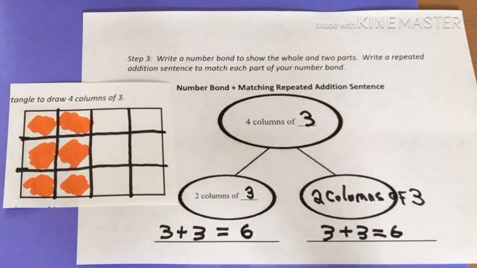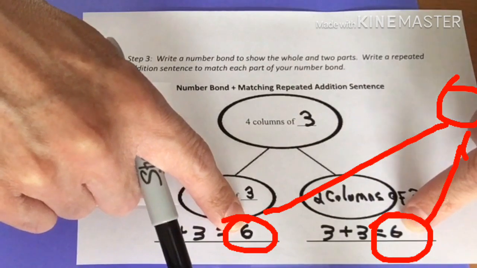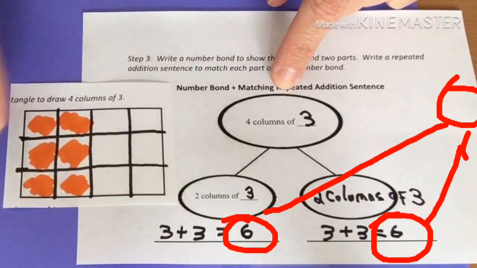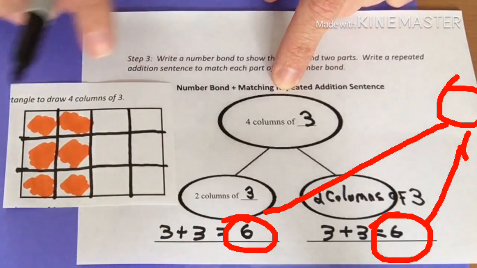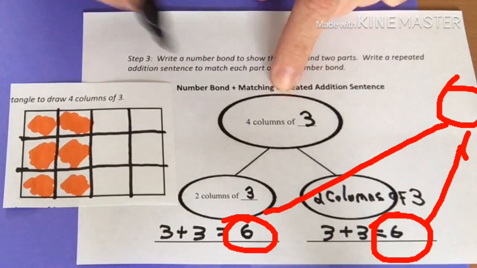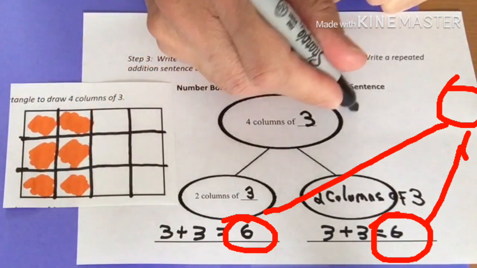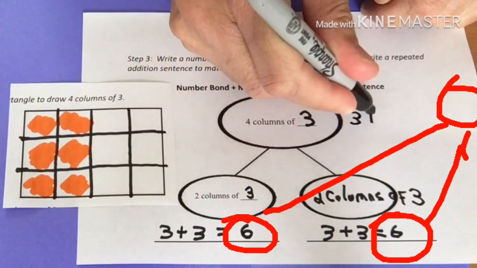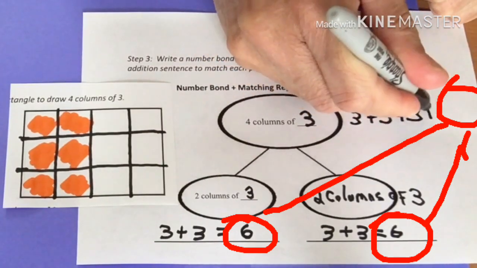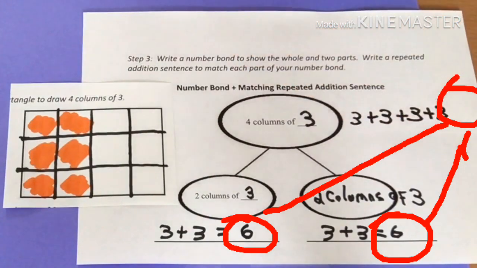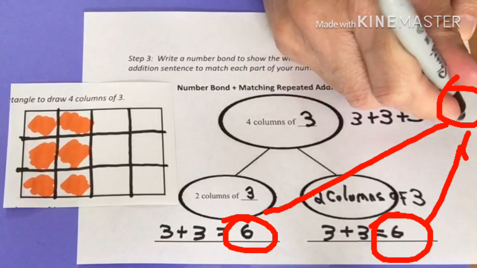Don't forget that when you add 6 plus 6, that equals 12, which is the total number of squares that we had to begin with. And I'm going to write down that number sentence over here. So the total is 3 plus 3 plus 3 plus 3 equals 12.